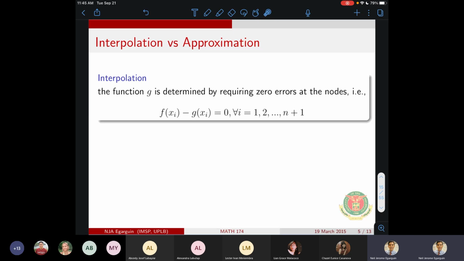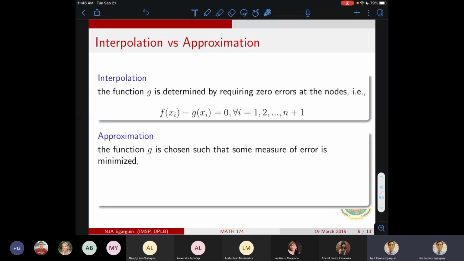We want f of x_i minus g of x_i to be equal to 0, or the function g that mimics the function f must exactly have the function values given in the table for f. All right? And this is in contrast to approximation.